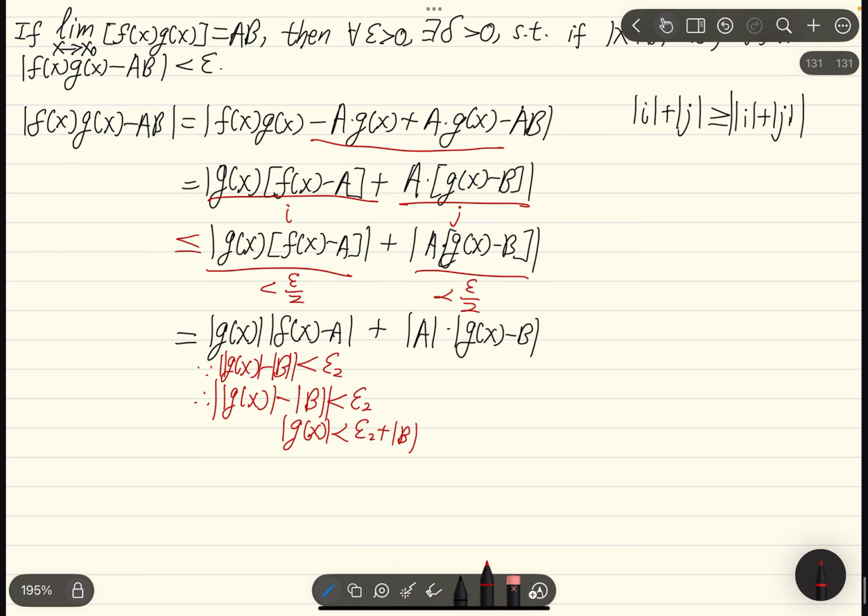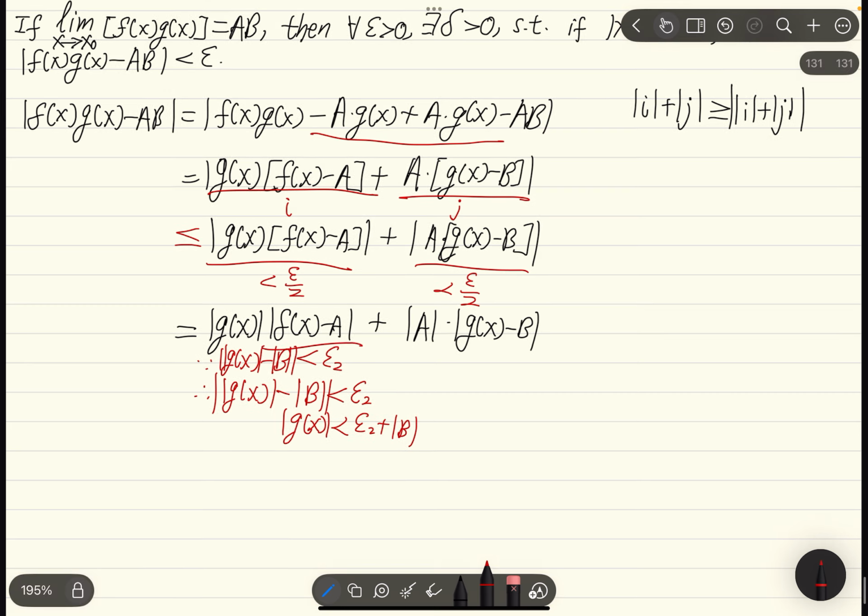And without loss of generality, we'll just assume that this is greater than 0, so we can get rid of the absolute value signs. Okay, so then we know that the absolute value of g(x) is less than epsilon over 2 plus the absolute value of b.